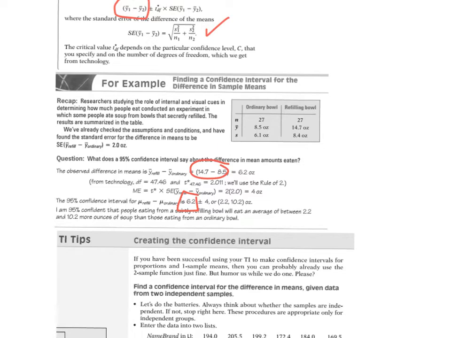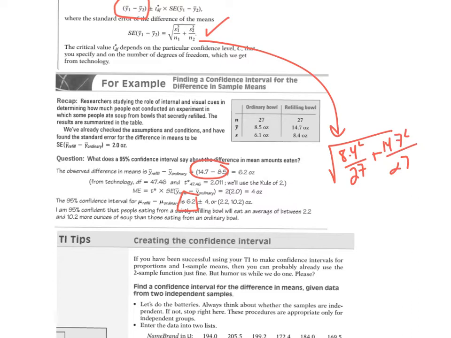For your standard error, just remember, you can do the square root of your standard deviation squared, so that would be your refilling bowl, which we did already, so I'm just repeating it in case you didn't get it, over your sample size, plus the 14.7 squared over the sample size, square root the whole thing, and that's where they got the 2 from. It's from the previous question as well.